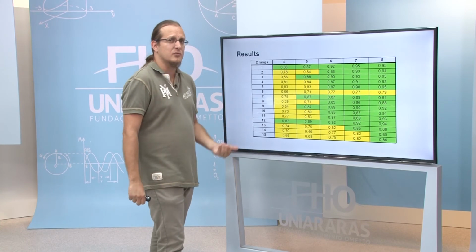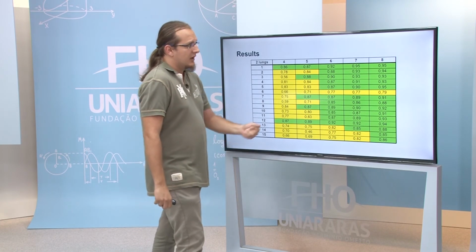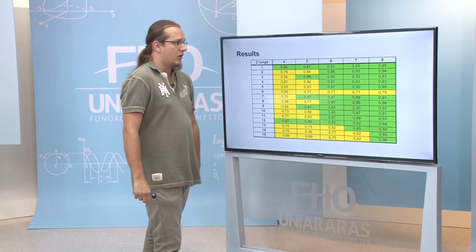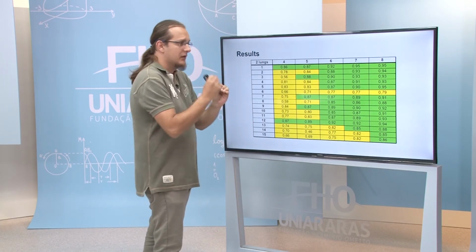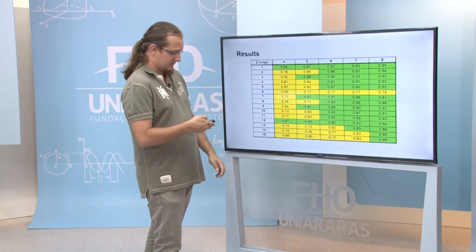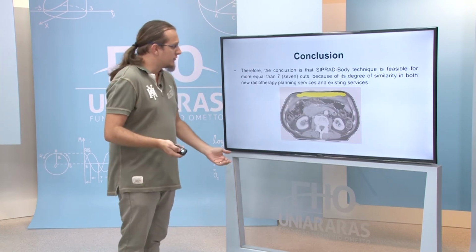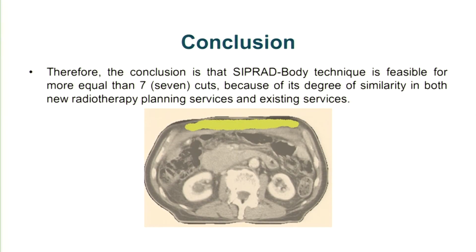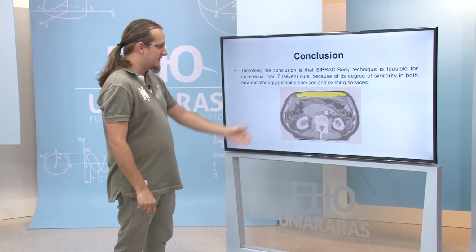It's a good result for analysis. With more than 7, 8 is not perfect, but easily a perfect solution. The conclusion: yellow is a not so good solution, and all the rest is a good solution. In yellow, for this type of image with this patient, we talk about 85% of results.